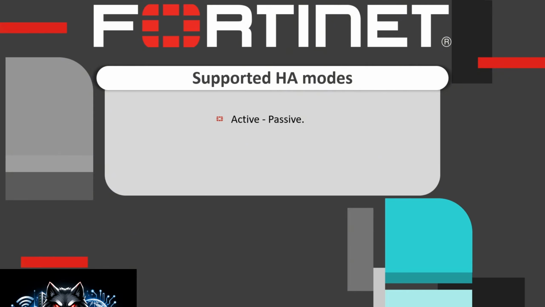FortiGate devices support several HA modes. Active-passive mode is the most commonly used setup where one FortiGate acts as the active unit handling all traffic, while the other remains on standby. If the active device fails, the standby unit takes over immediately. Active-active mode allows all FortiGate units in the cluster to actively process traffic, distributing their workload.